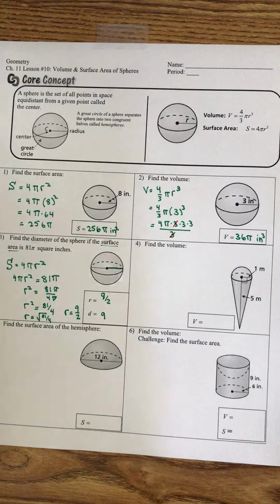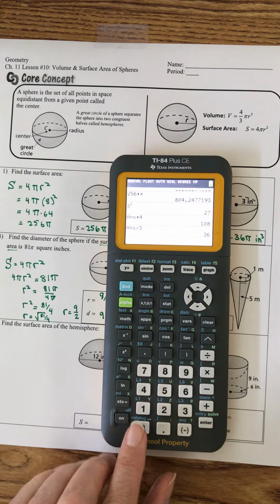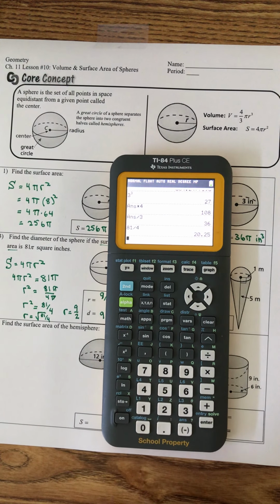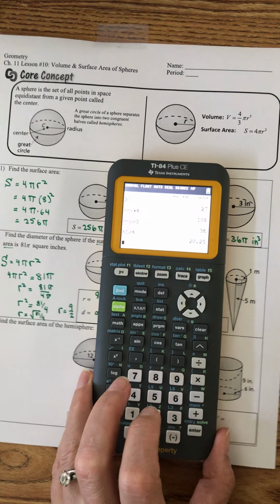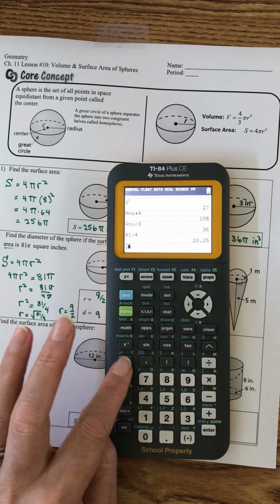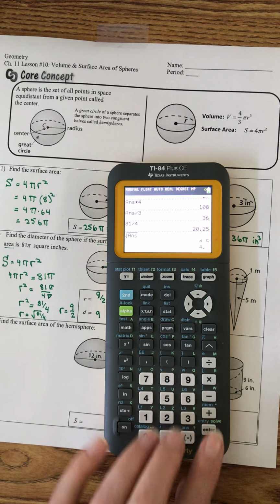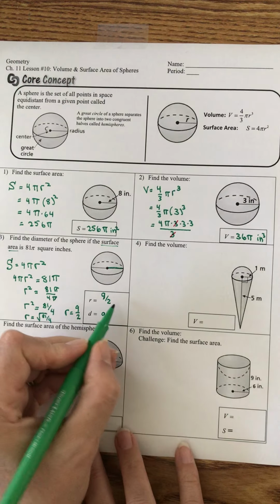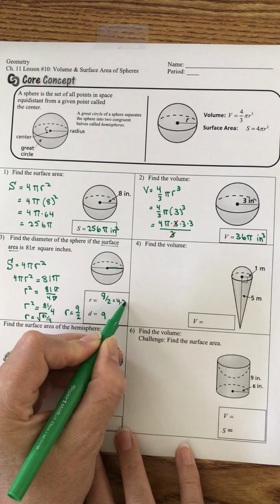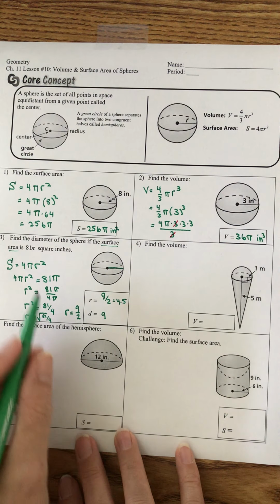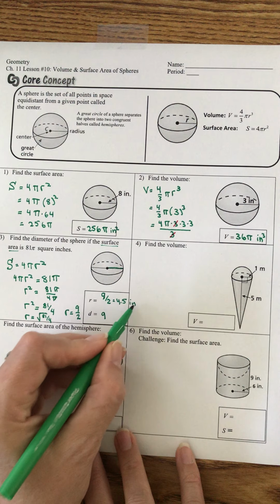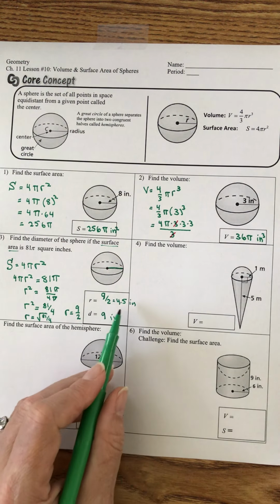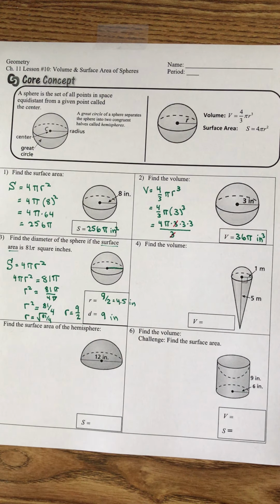So if you wanted to do that on a calculator, say you got this far and you crossed out the pi's and then you did 81 divided by 4, you get 20.25, and then you would take the square root of that value and you'd get 4.5 for the radius. So that would be fine if you wrote this as 4.5, and it's inches. And then for the diameter, it would also be 9 inches. Double 4.5 is just 9.